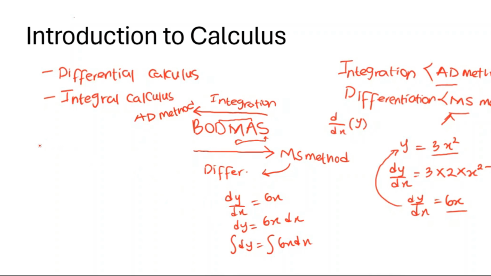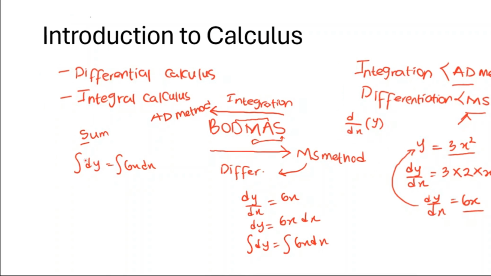Where that integral sign comes from is that the definition of integration, aside from being the reverse of differentiation, is a continuous sum. If you consider the word sum, the first letter, s, gives you that elongated S. Since we have integral dy is equal to integral 6x dx, and differentiation is the opposite of integration, if we differentiate y and then find the integral, we get that same y.